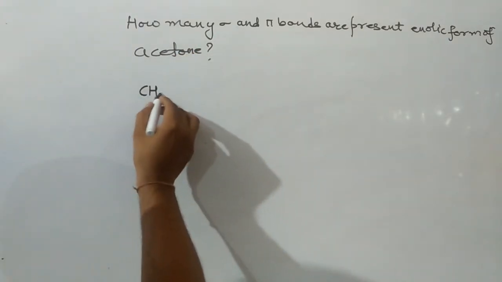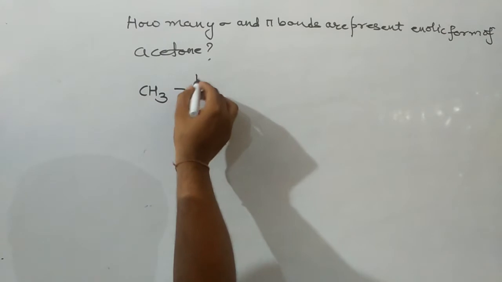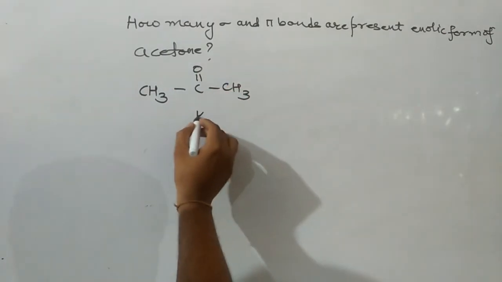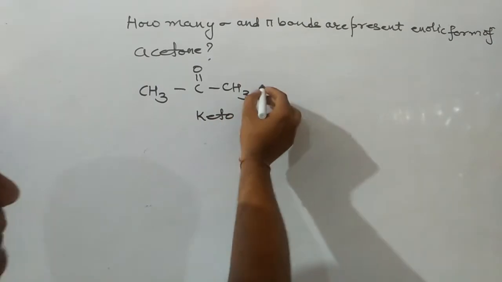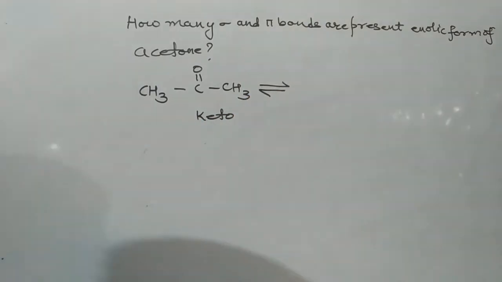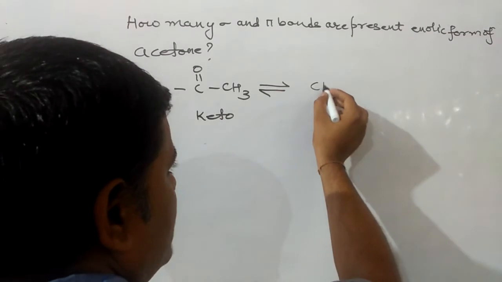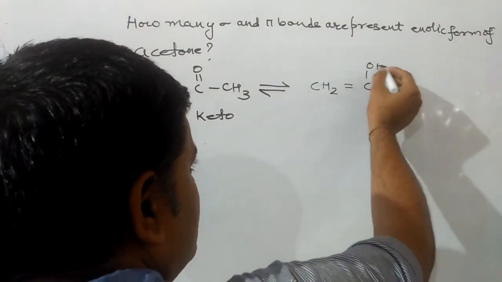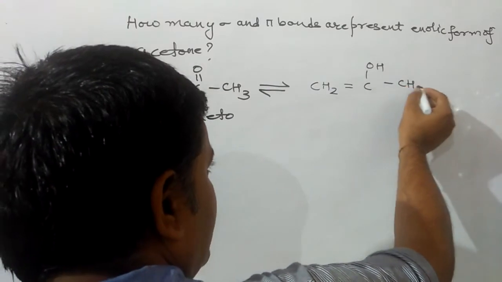For acetone, the formula is CH3COCH3. This is the keto form, and its enolic form can be formed by 1,3 migration of hydrogen, and the formula is CH2=C(OH)CH3. This is the enolic form.